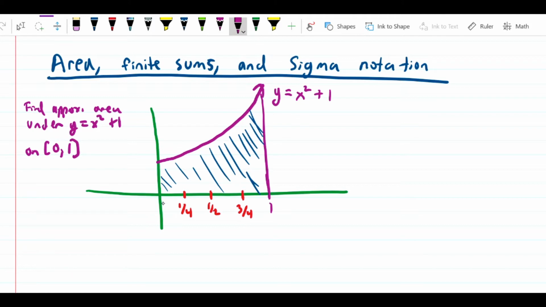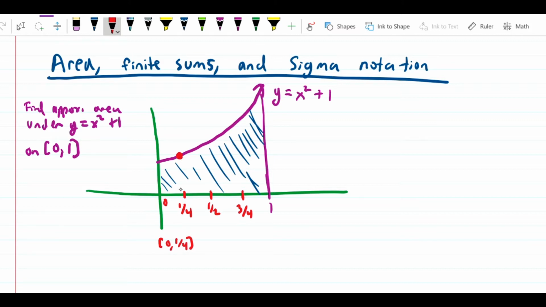For example, 0 to 1/4 is a subinterval of 0, 1, and so is 1/4 to 1/2, 1/2 to 3/4, and 3/4 to 1. We want the maximum value of the function in each subinterval. Because this is an increasing function, it always gets larger as we move to the right, so it's fairly easy to pick the maximum value.